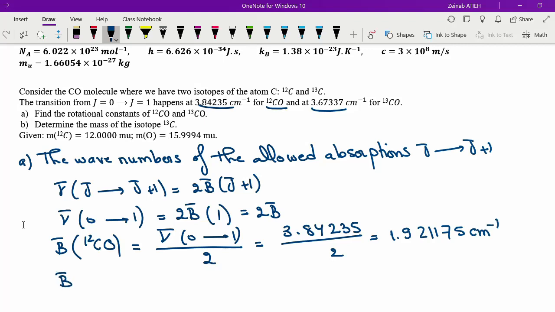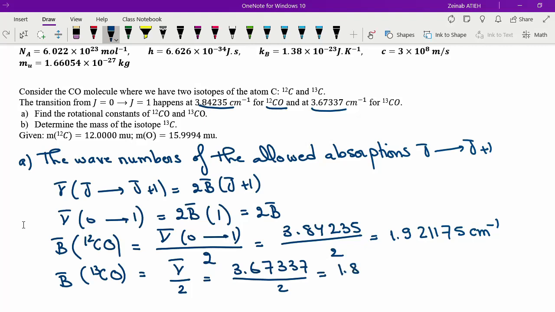Same for C13O. So it's equal to nu bar over 2, nu bar for a transition from J equals 0 to J equals 1, and it's equal to 3.67337 over 2, which is equal to 1.836685 centimeter minus 1. And this is part A.